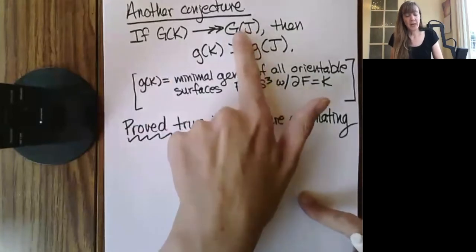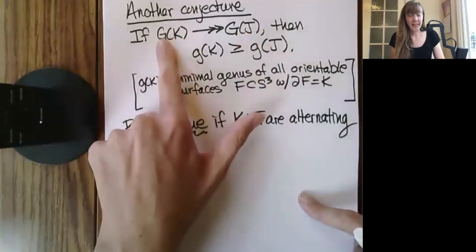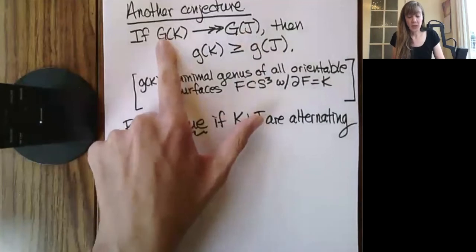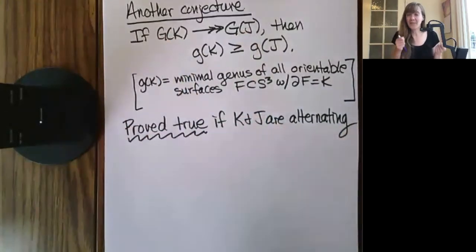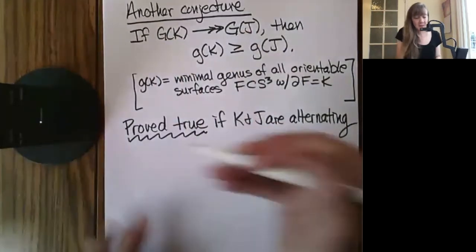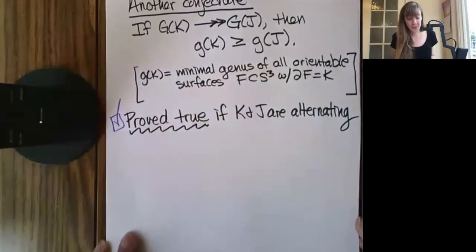So the Alexander polynomial of J will be a factor of the Alexander polynomial of K. It's always true. And if in addition, you know that K and J are alternating, you know that the degrees of the polynomials are related to the genus. So through those things, you can prove that this conjecture is true.